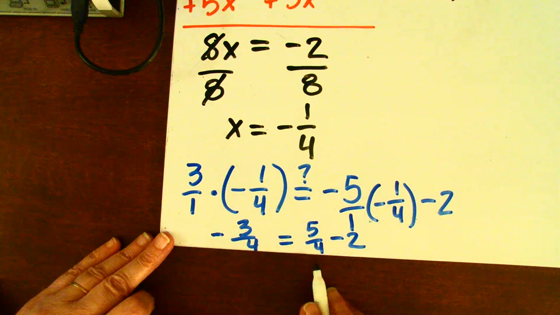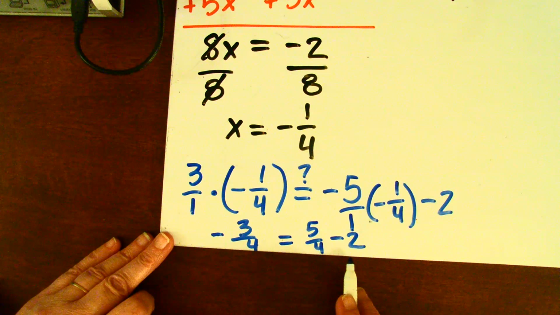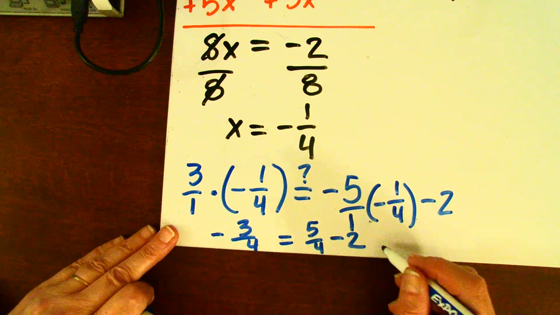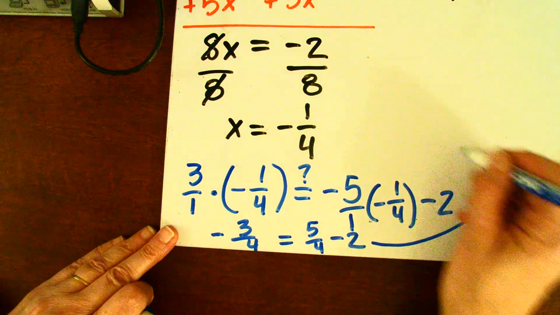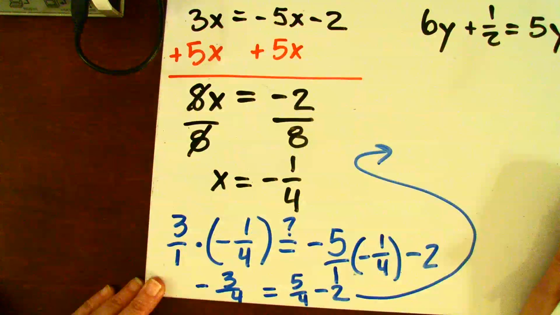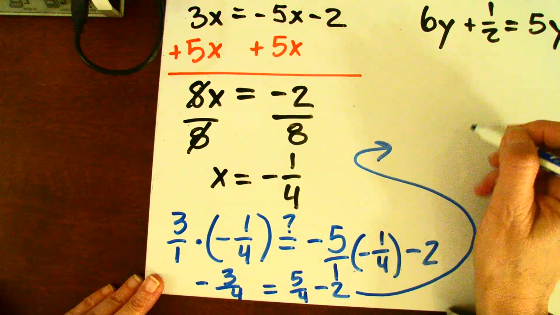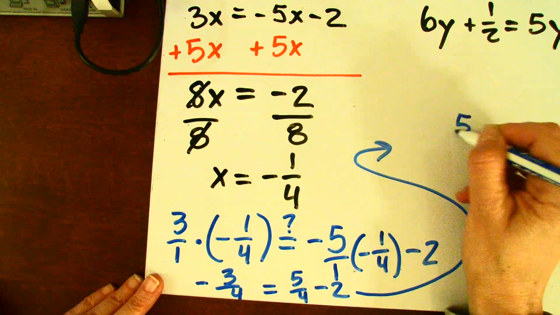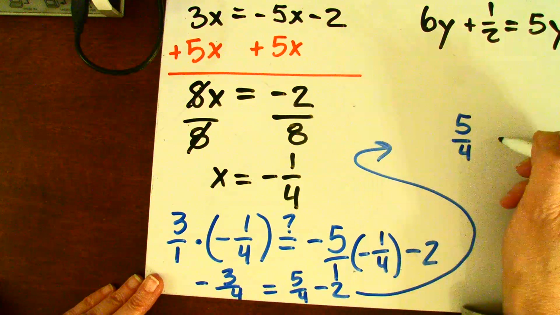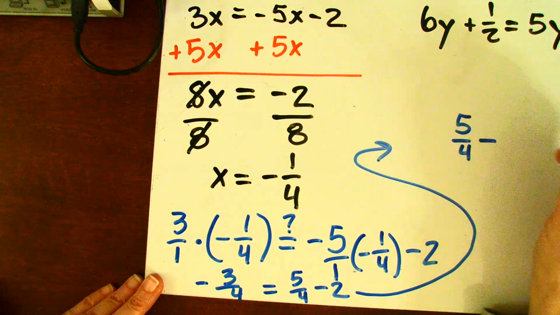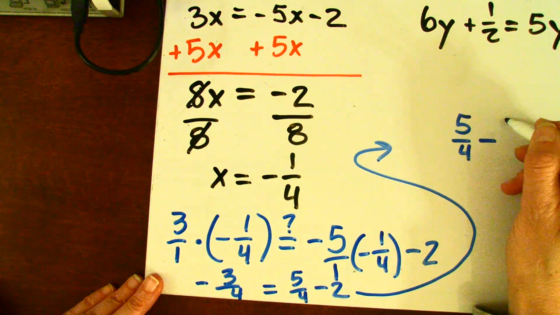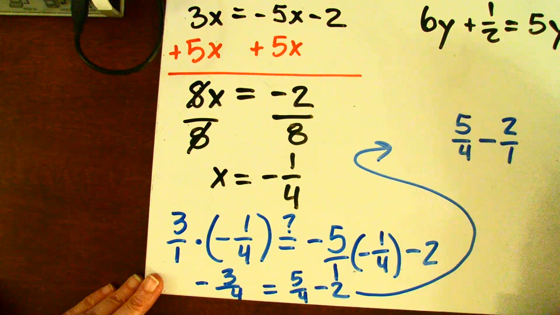Because I am subtracting, I am going to want to find a common denominator. So let me bring this over here so we have more room. And that 5/4 will stay the same. And I'm going to change that 2 into 2 over 1.